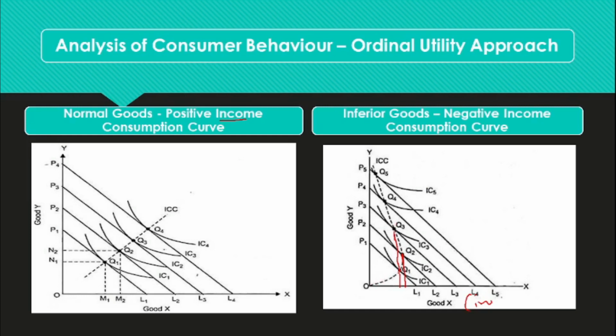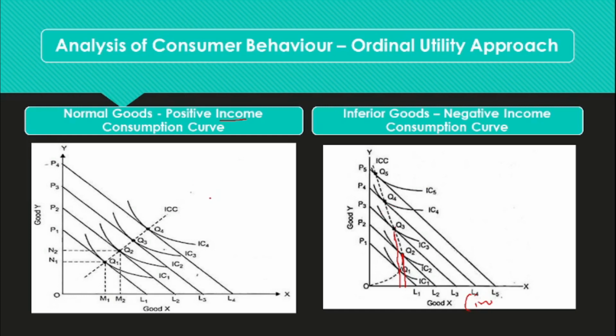And if we join together all of these equilibrium points, that is Q1, Q2, Q3, Q4, we get this shape of the income consumption curve, which is not at all positive, but we can see that it is bent and it is bending and moving more towards the y-axis. So that shows there is a negative relationship between the income and the inferior goods, and that is why the income consumption curve is also negative in this case, but in case of normal goods, the income consumption curve is positive.